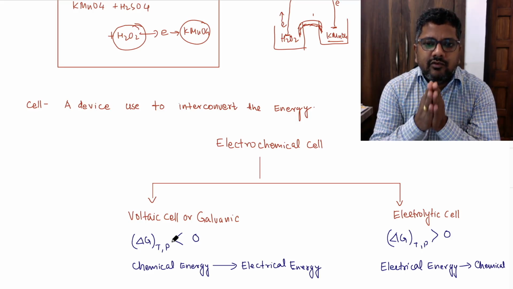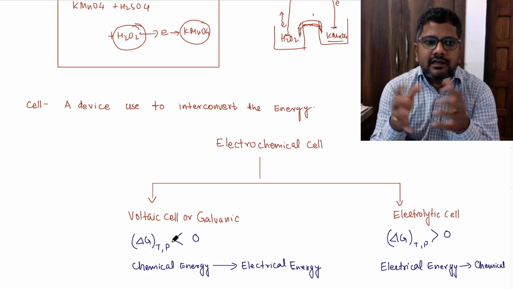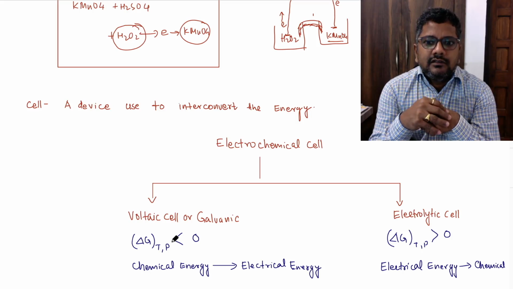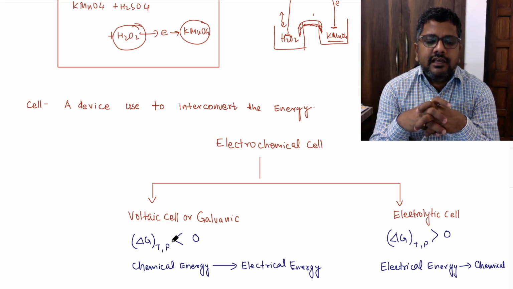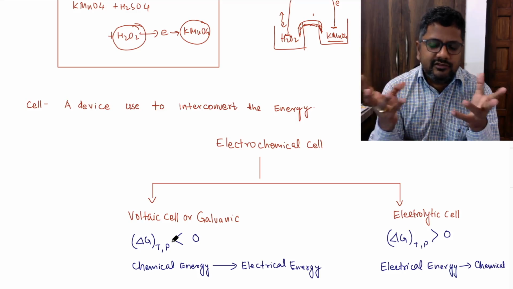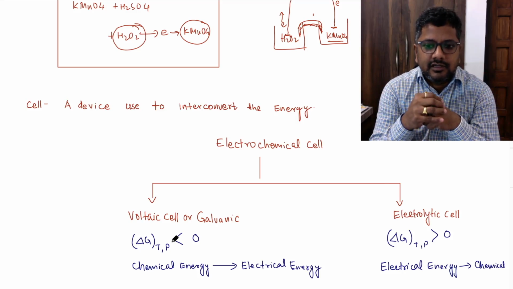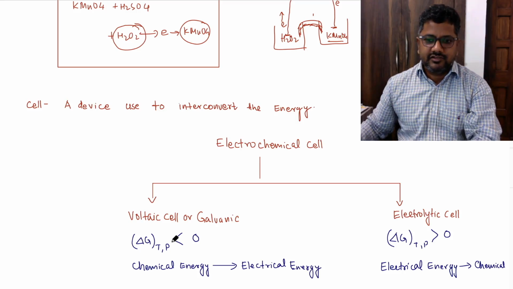In general terminology, this is called cell discharged, battery discharged. Once your battery or cell discharges, it means delta G inside your cell attains the equilibrium state, meaning 0. This is the meaning of your normal terminology, right?